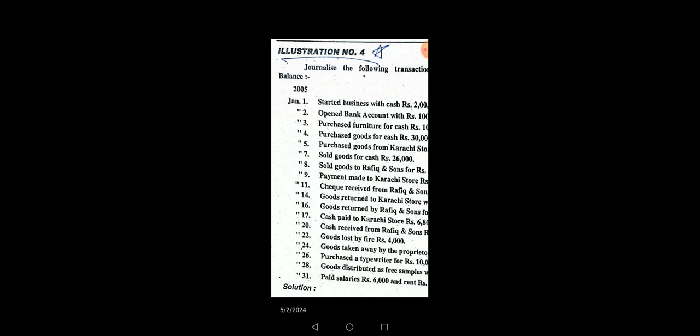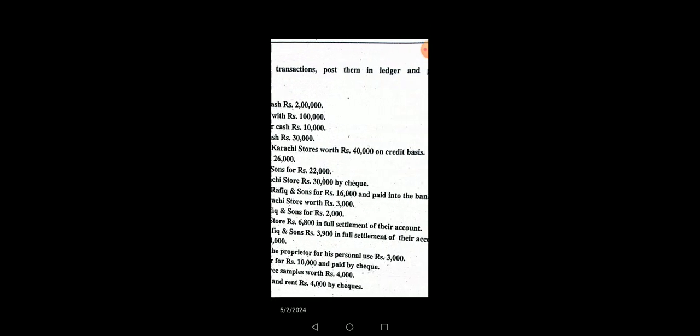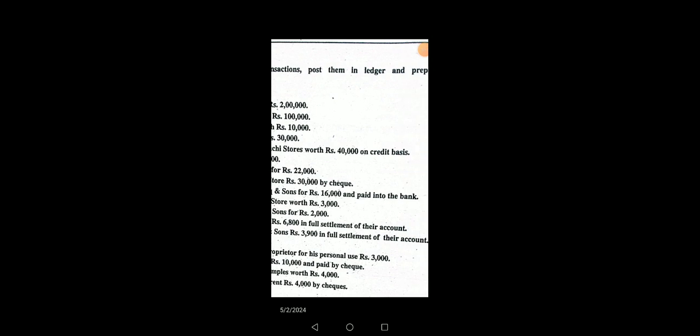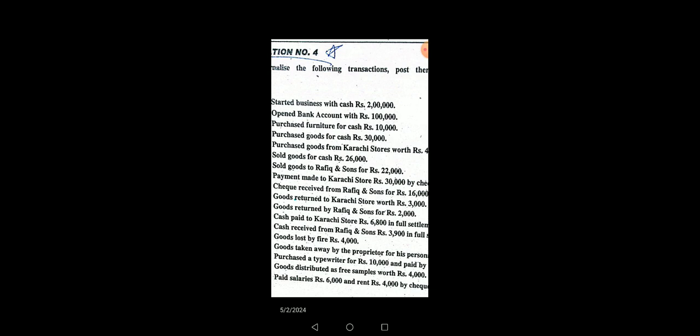Now what January 11 is saying: check received from Rafiq and paid into the bank. This is our entry. Check received from Rafiq at first stage and on same date you are paying that check into the bank. Ultimately what is happening? You are paying the check into the bank. Which check? The check which you have received from Rafiq.